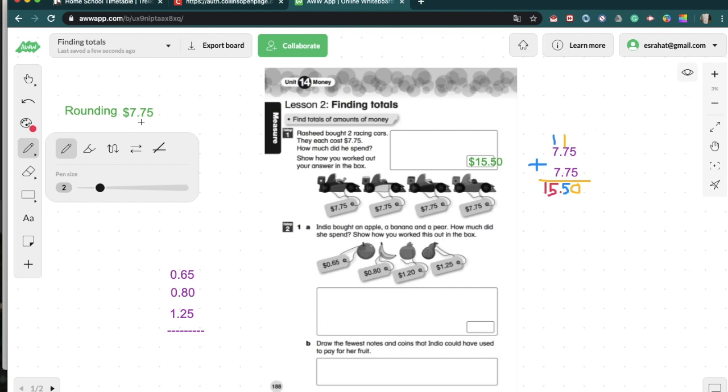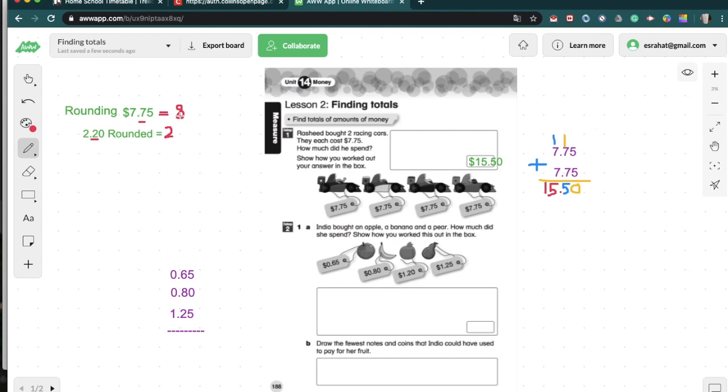we look at the number that is right next to the point from the right, which is 7 here. So if the number that is right to the point is 5 or more, we add 1 to the number that is to the left of the point. So that will equal 8, because 7 is bigger than 5.